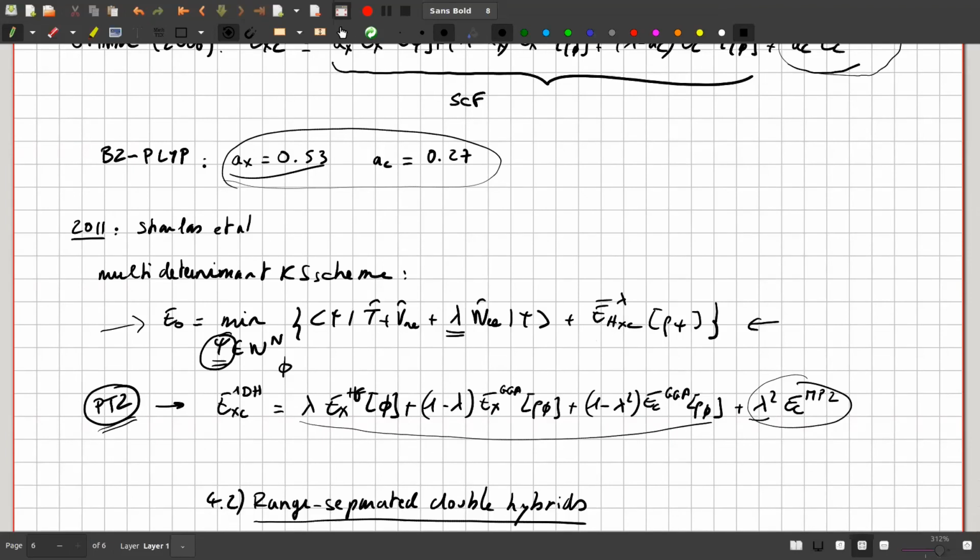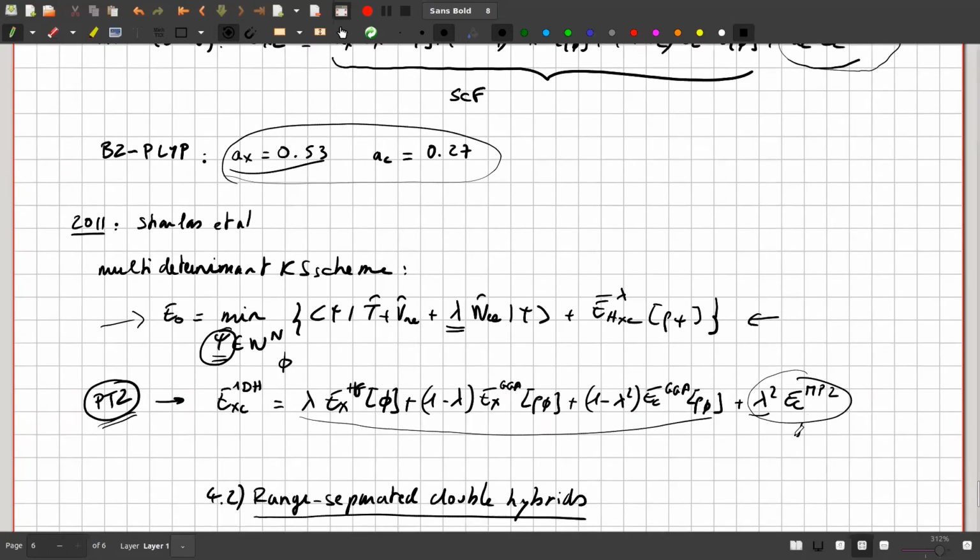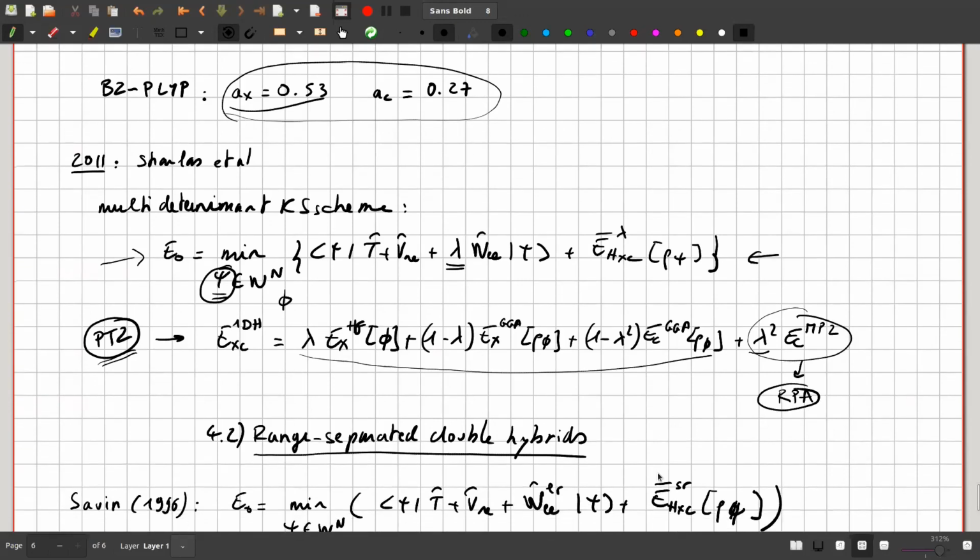Now the question, is it possible to use other electron correlation methods other than MP2 for the double hybrids, or is it too computationally demanding? Yeah, that's a good question. Yes, we can absolutely do that. So we can, instead of having MP2, we can go to higher order of correlation. We can use, for example, what is called the random phase approximation, which has been developed a lot.